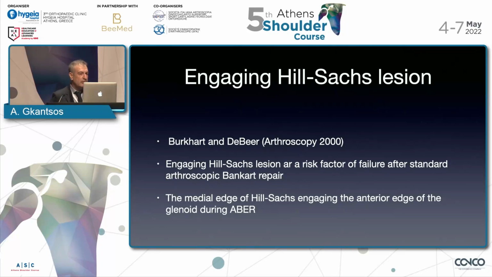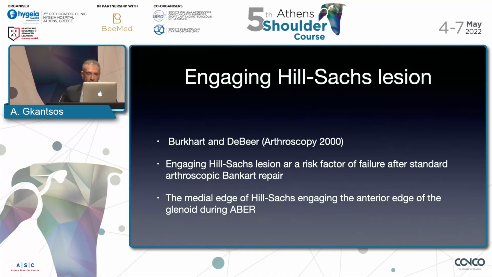Stephen Burkhart and John De Beer in 2000, about 20 years ago, discovered the definition of the engaging Hill-Sachs lesion, which is the most significant risk factor of failure after our standard arthroscopic Bankart repair.